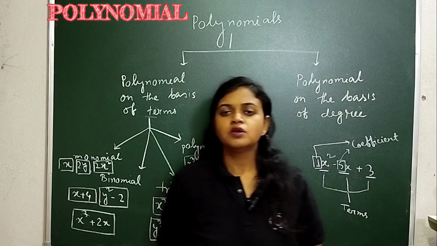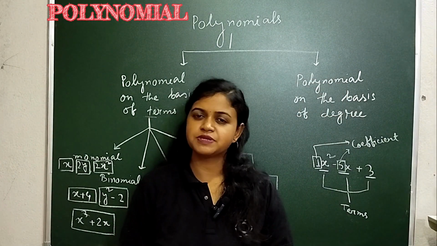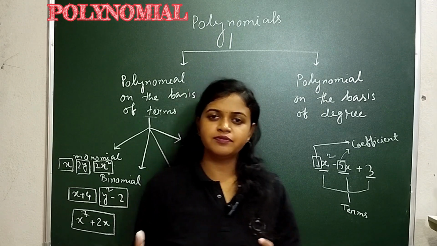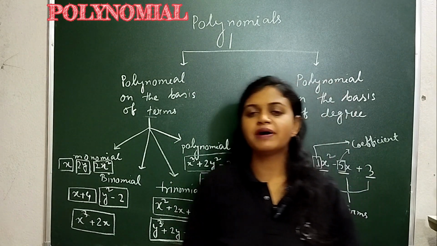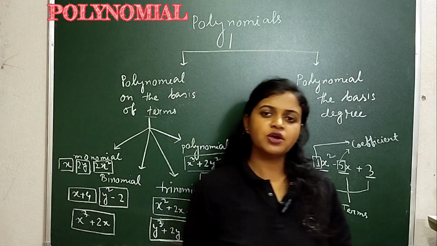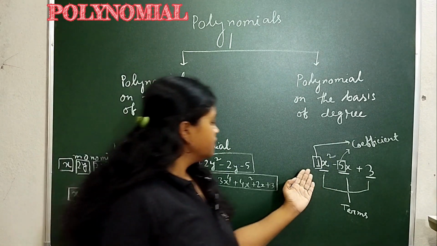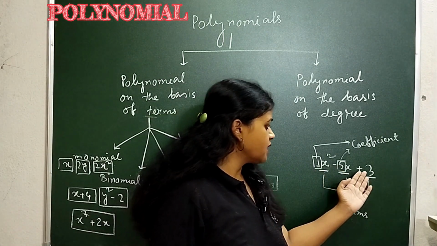So what is a polynomial? A polynomial is an algebraic expression containing many terms which are connected by subtraction or addition. Here I have written a polynomial x square minus 5x plus 3.